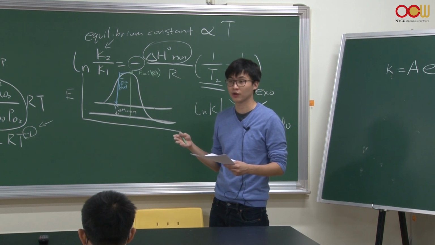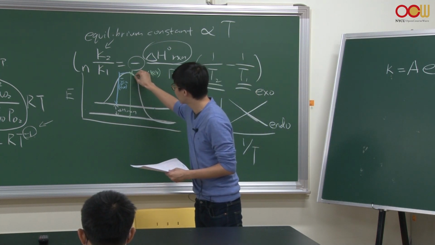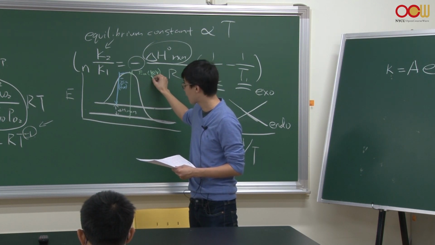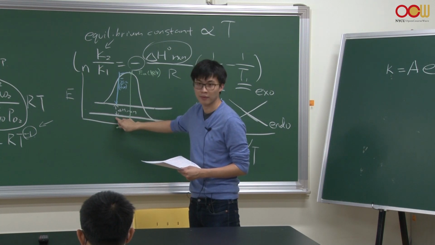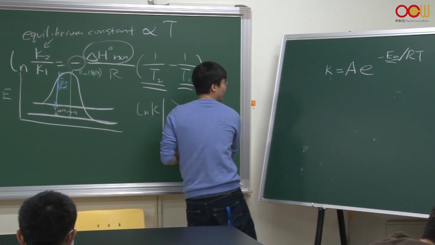Okay, this is related to the reaction itself. Okay, and then the difference between forward and the reverse, okay, backward, will give you the heat of reaction. Okay, that makes sense?